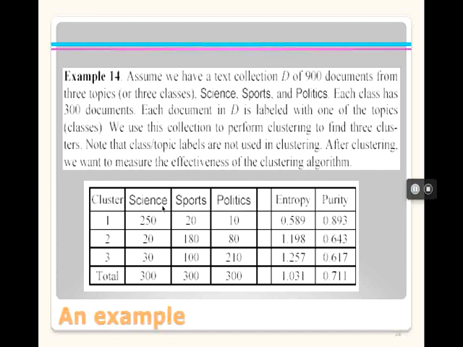We only have the documents, only the words, the written comments maybe, and we run the clustering, and at the end we ended up with 3 clusters, each one of them, as you can see, not so pure. The first one is mostly talking about science, but we have some errors. The second one is related mostly to sports, but see, the politics count is very high, so that means this is not a very good clustering method for this data. The third one, we also have 210 as the highest, but 100 is a problem here.